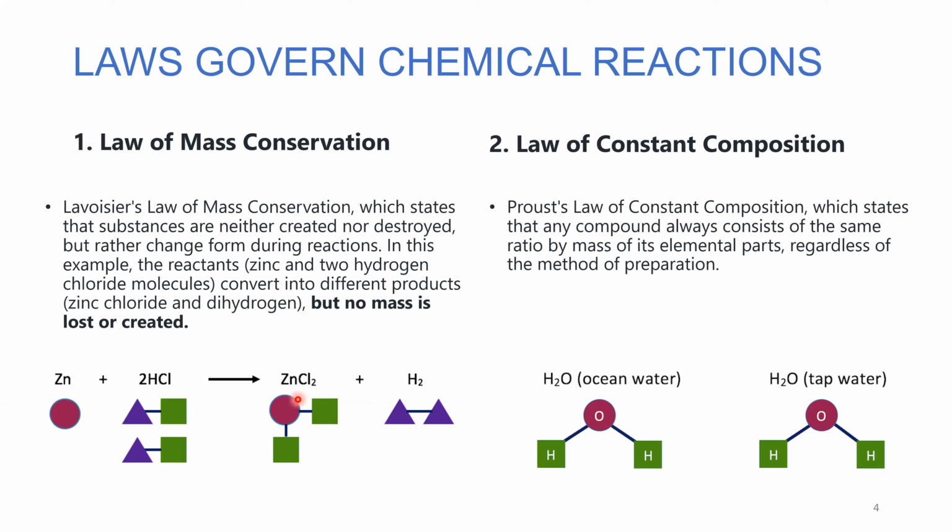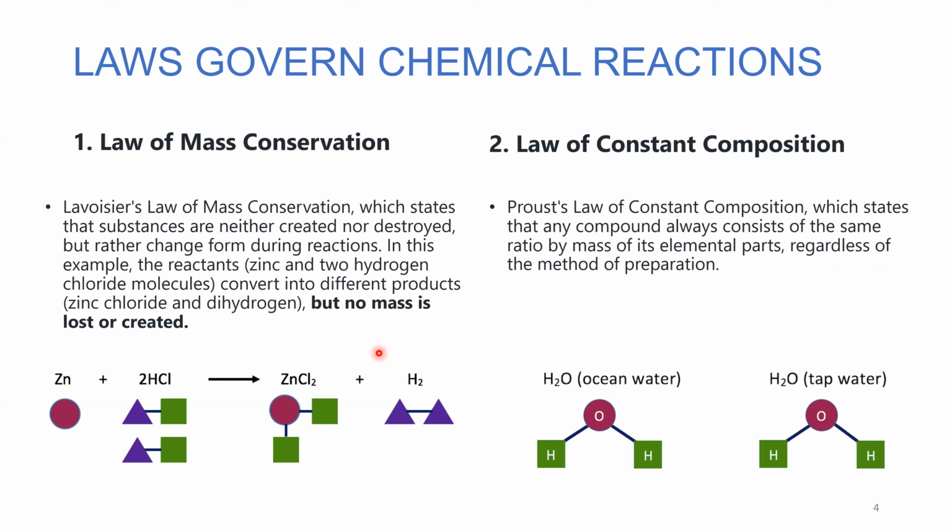When we look at the equation, there is a question you always ask: why do we need to balance the equation? Because it fulfills the law of mass conservation. In nature, in a reaction, we are not creating mass or losing mass, it is just converting from one form to another.